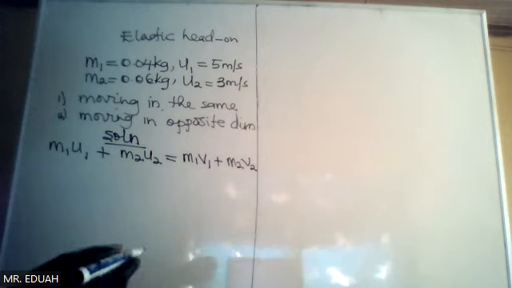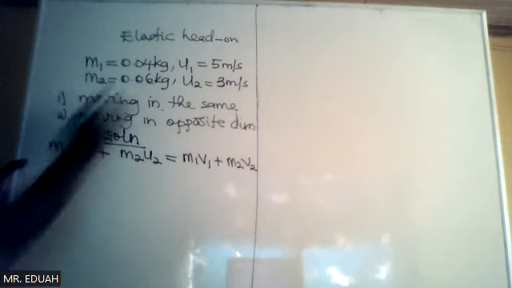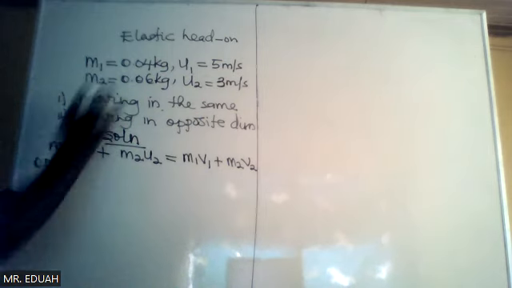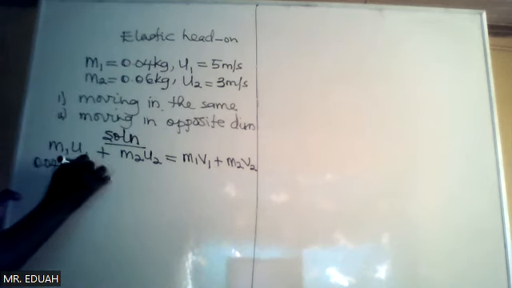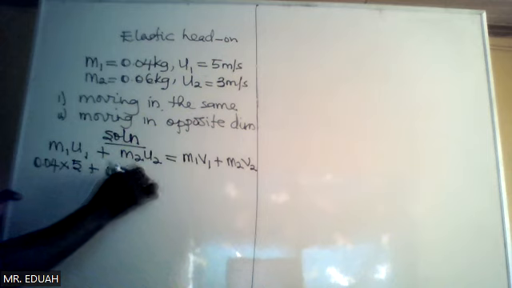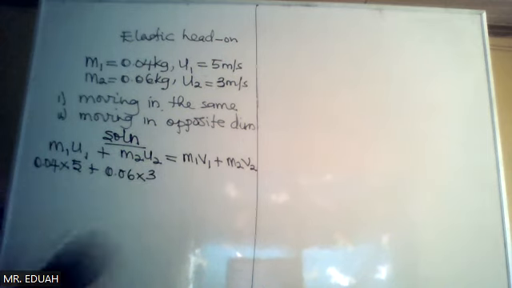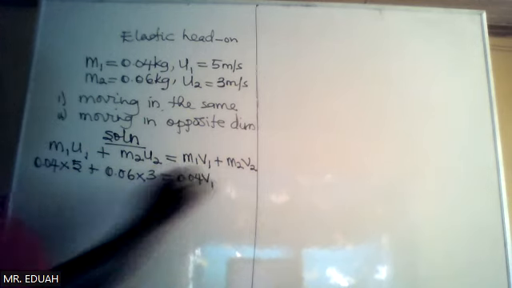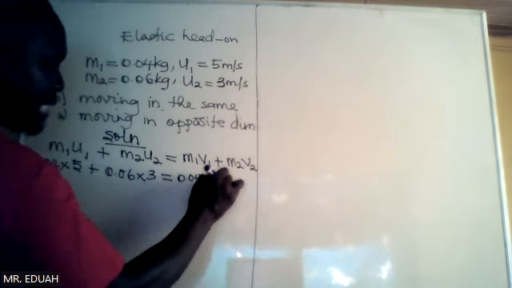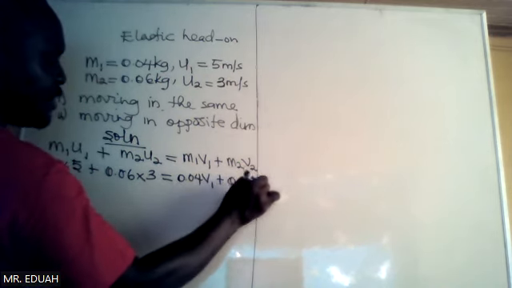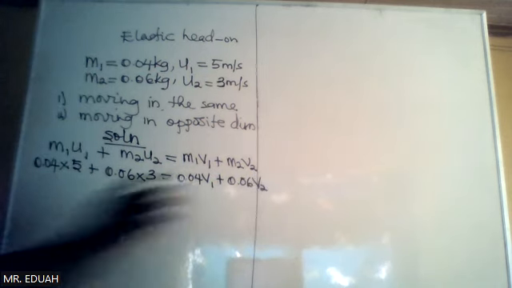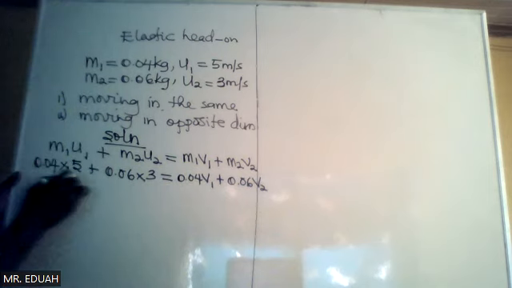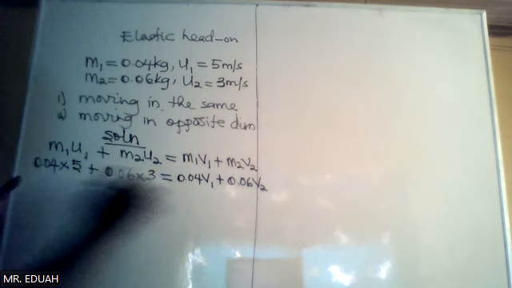Let's put in our values. 0.04 times U1, which is 5, plus 0.06 times U2, which is 3, is equal to 0.04 times V1, which you don't know, plus 0.06 times V2. V1 and V2 is what you are looking for. And this is the equation for conservation of momentum.